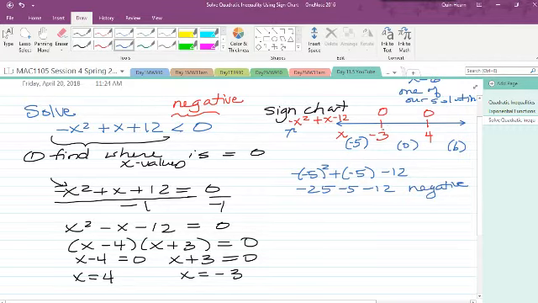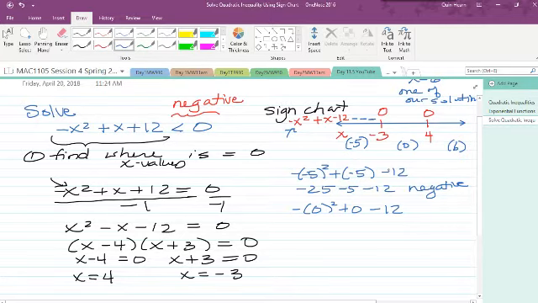Since our expression can only change from positive to negative at one of these zeros, we know that every value to the left of -3 is going to give us a negative, just like -5 did. On the other hand, if we plug in 0 to the expression, we're going to have the opposite of 0 squared plus 0 plus 12.